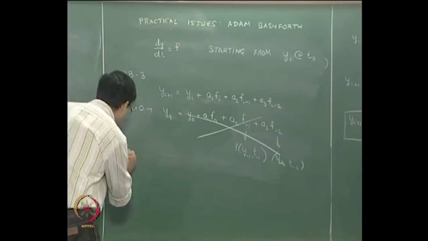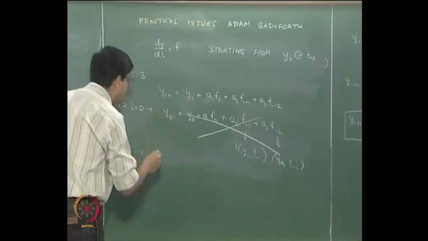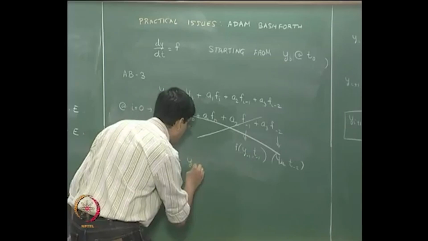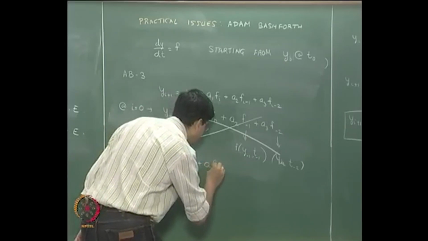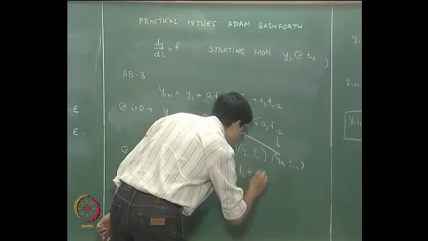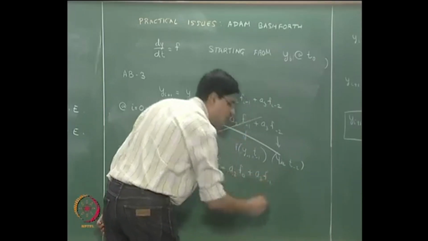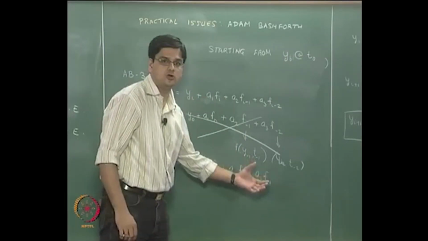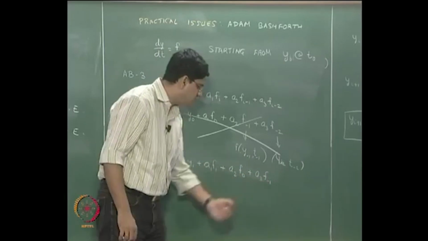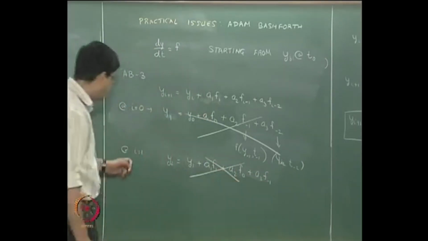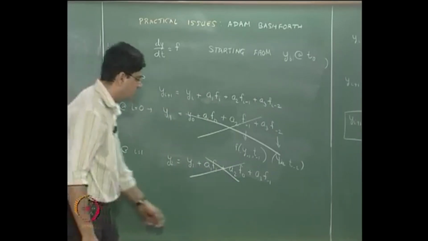Let us see what happens at i equal to 1. At i equal to 1, y2 is going to be equal to y1 plus a1 f1 plus a2 f0 plus a3 f_{-1}. Again, f_{-1} is not known to us. If f_{-1} is not known to us, we cannot use Adams-Bashforth method at i equal to 1 either. Okay.